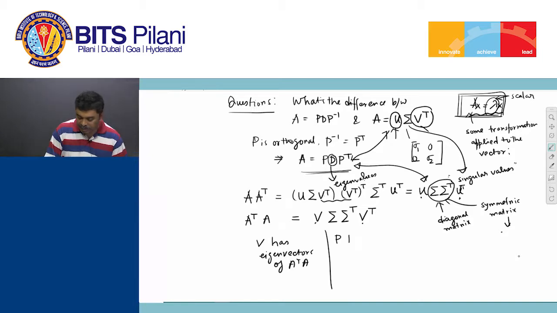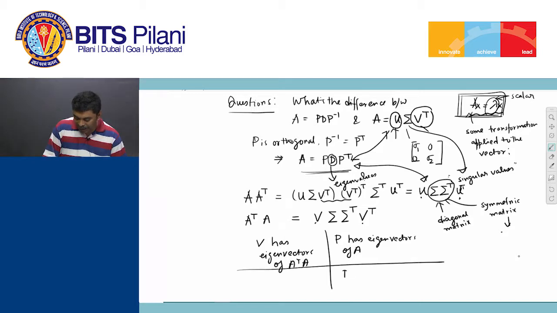P has eigenvectors of A. The D which you see over here has eigenvalues of A, right?